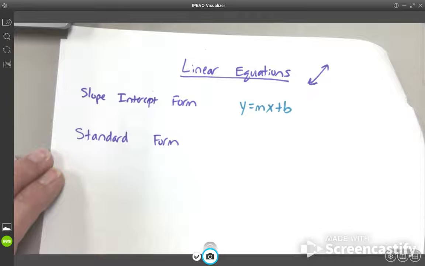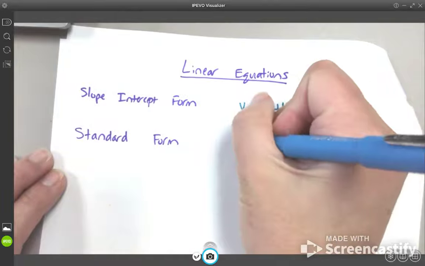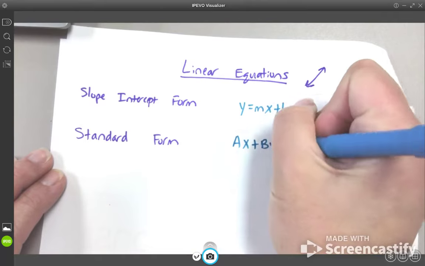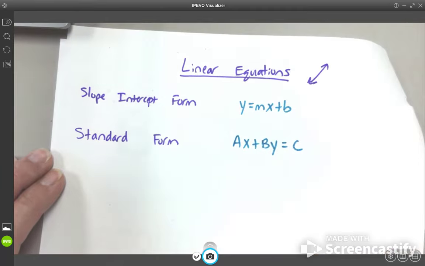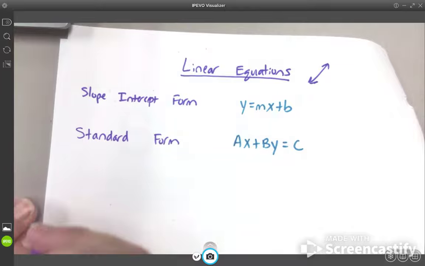So those of you who were not sure what type of equation to write there, it's because we didn't spend a lot of time on it. Standard form is in the form ax plus by equals c. And again, I will explain what that means once we have all of them to look at.